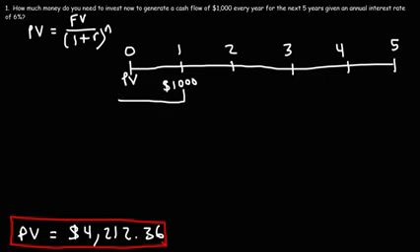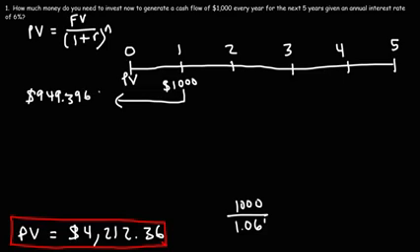So $1,000 received 1 year from now is worth how much today? So using the formula that we see here, 1,000 is the future value. So if you plug in 1,000 and divide it by 1 plus r, or 1.06, raised to the first power, because we're trying to find the present value 1 year from now, it's 1,000 divided by 1.06, and that's $949.40. I'm going to get a few numbers after the decimal.